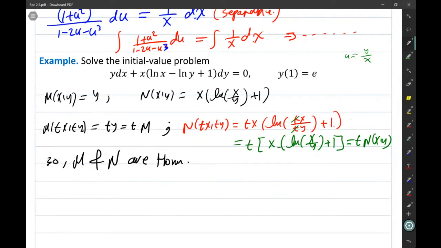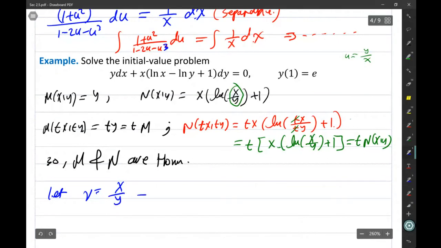Now I have to assume either y is equal to ux, or v is equal to, or x is equal to vy, whatever, any one of them. But here you notice that I have x divided by y. So the best thing to assume here is to let v be x divided by y, which means x is equal to vy, because you have here x divided by y.